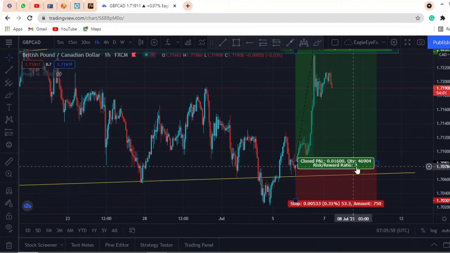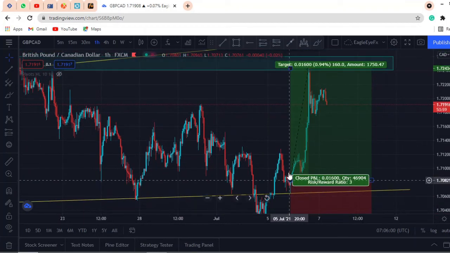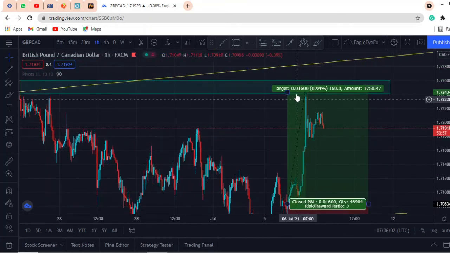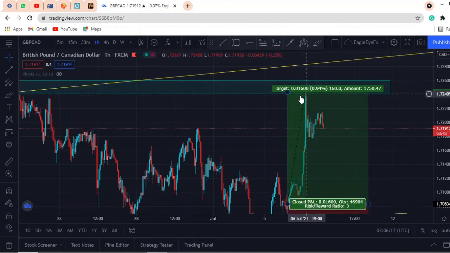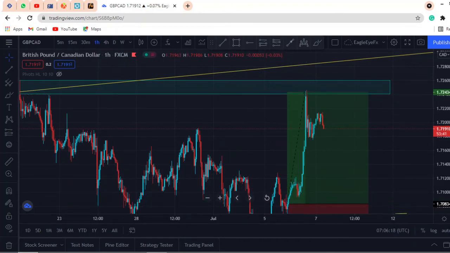Then I targeted 3 times, and you can see that it went all the way and hit my full 3 times risk before it started coming back again. So it hit a full take profit.